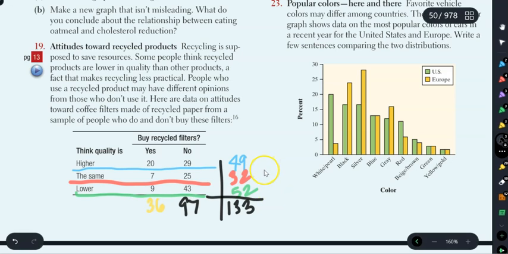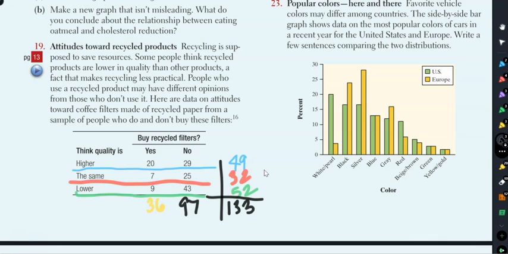So now that I have my totals, I can answer the second question. And the second question says, after we give the marginal distribution, what percent of the people in the sample think the quality of recycled product is the same or higher than the quality of the other filters?